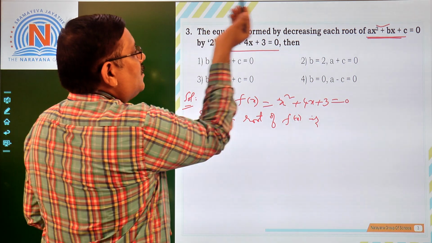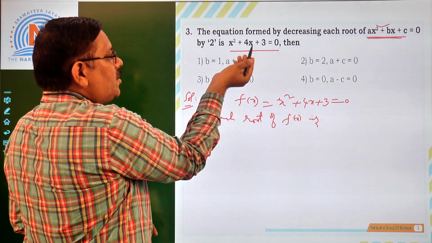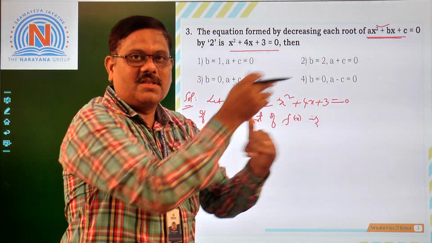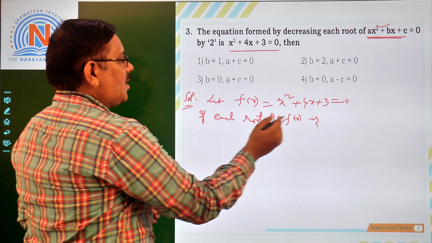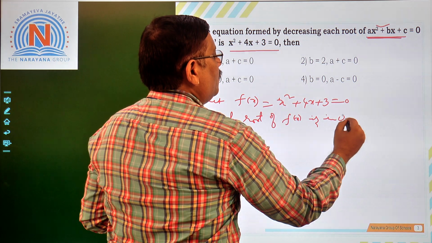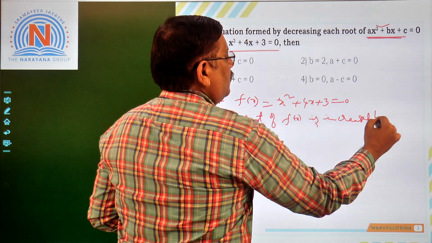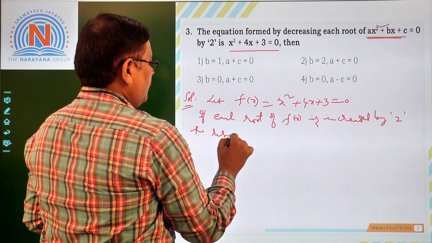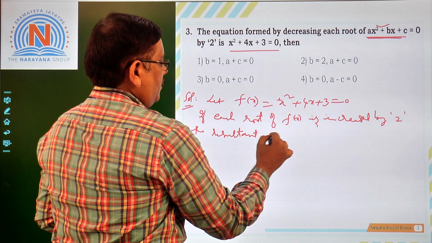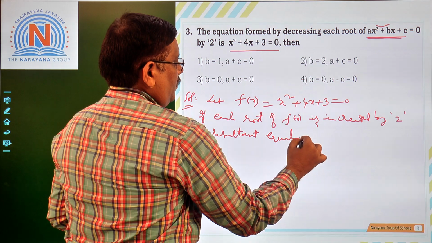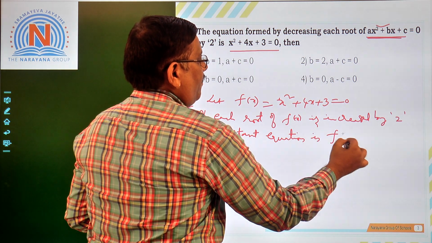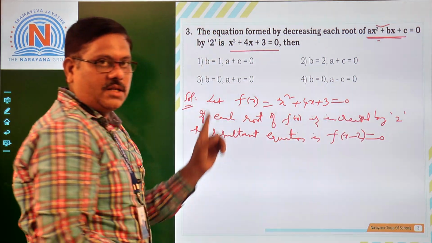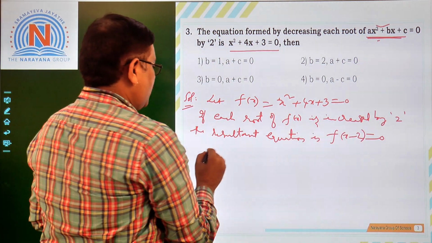So from x square plus 4x plus 3 is equal to 0, if you increase each root by 2, this equation will be formed. Reverse. So if each root of f of x is increased by 2, the resultant equation is f of x minus 2 is equal to 0. That is nothing but this equation. Let us use it in the end. f of x minus 2 is equal to 0.